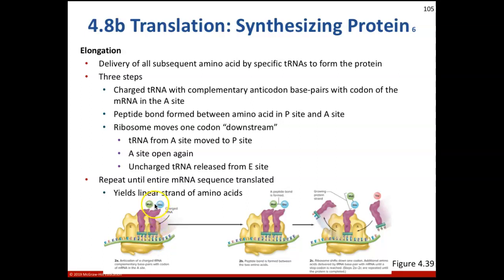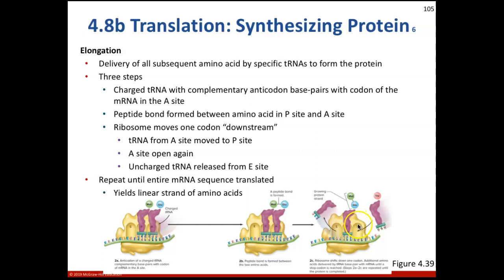We get a peptide bond formed between the amino acid in the P site and the amino acid in the A site. And then our ribosome is going to move 1 codon downstream. So basically, this tRNA in the P site is going to move to the E site, and this tRNA in the A site is going to move to the P site.